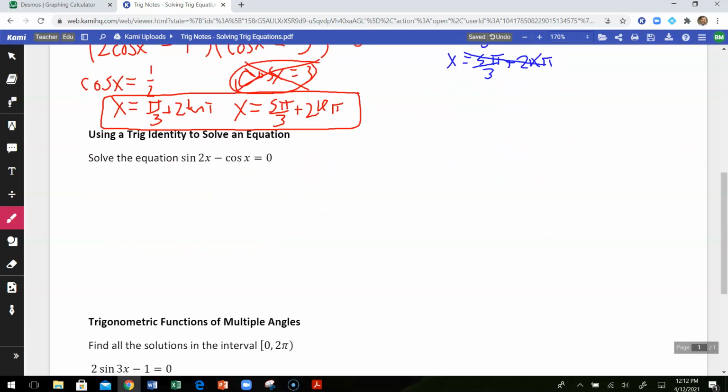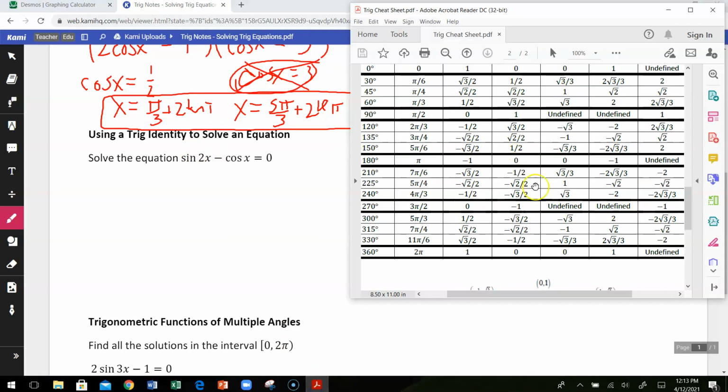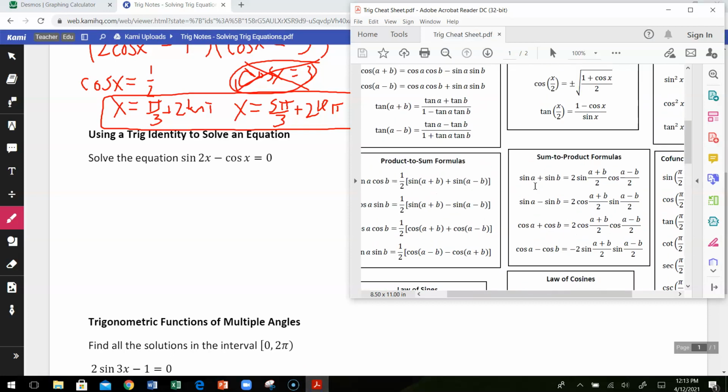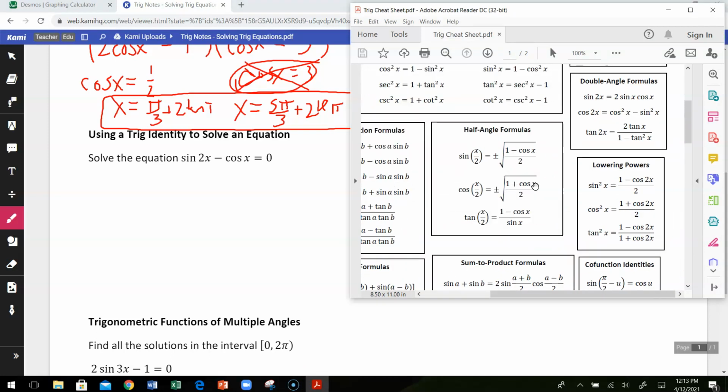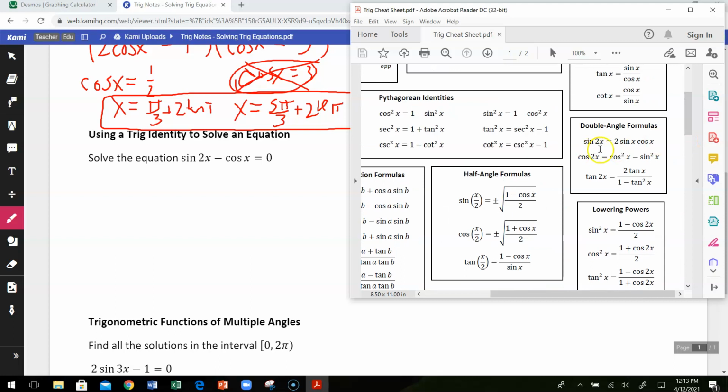Okay, next up we're going to actually use an identity to solve this, and the identity we're going to use is double angle. We have sine of 2x. Well, I don't like to have numbers in there with my x. So if I use my double angle formula, sine 2x is 2 sine x cosine x.